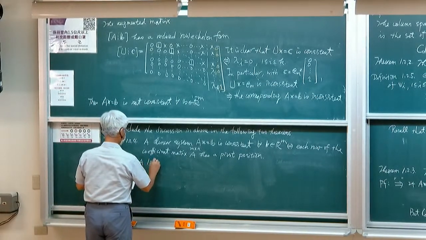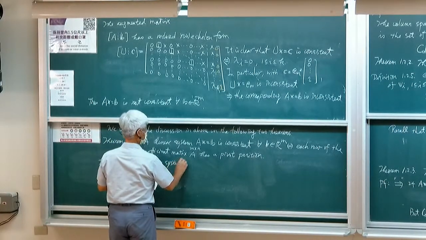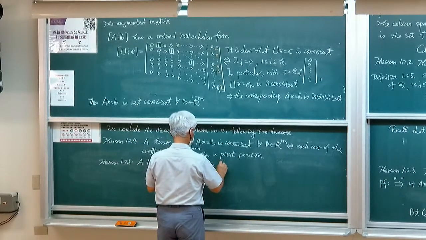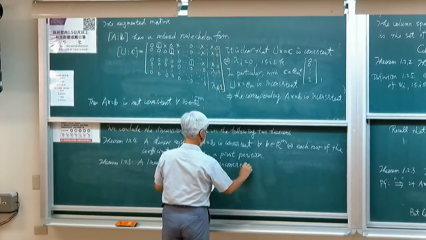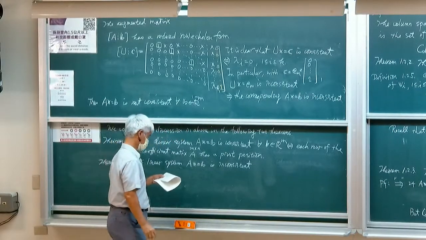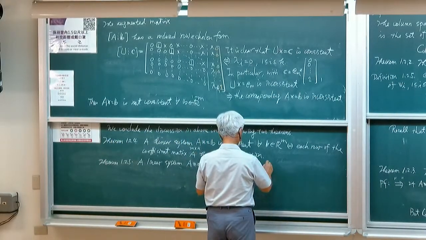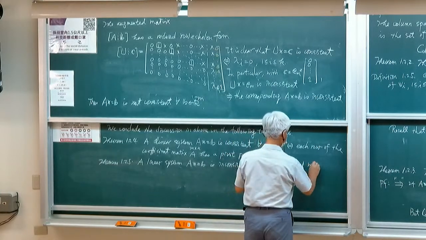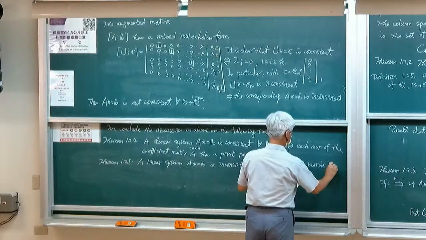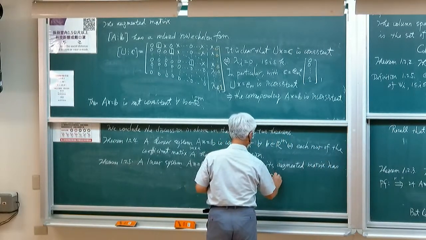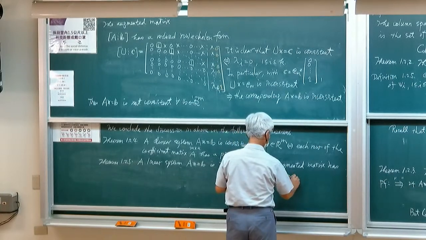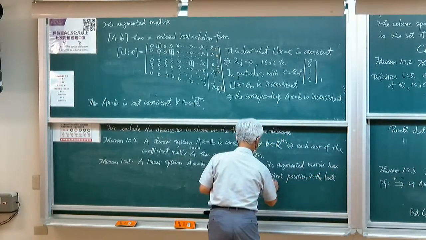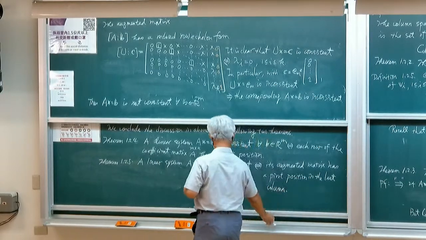Now, this is the positive part. A linear system Ax equal to B is inconsistent if and only if its augmented matrix has a pivot position in the last column. Why?